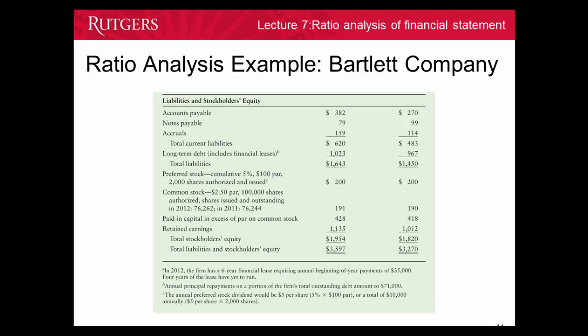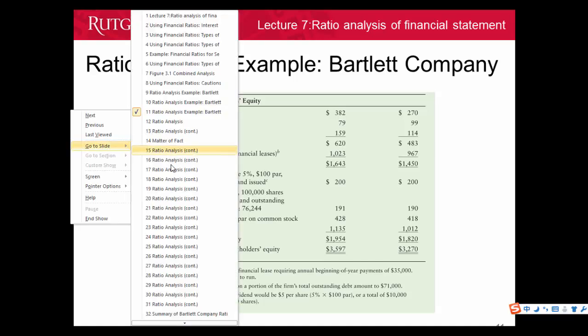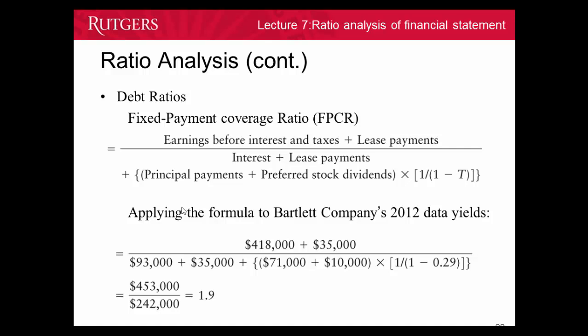The annual preferred stock dividend would be 5 per share, or a total of 10,000 annually. By using all these measures, we can obtain a fixed payment coverage ratio of 1.9.